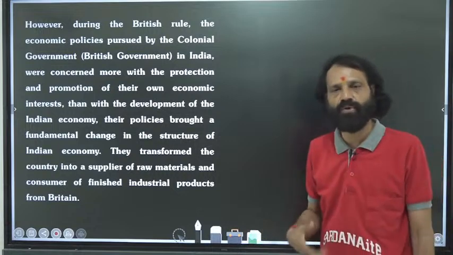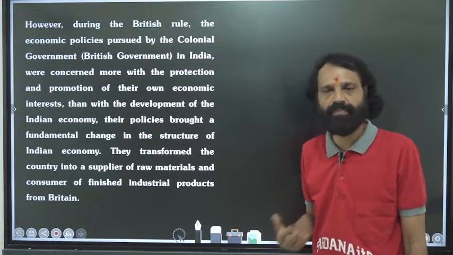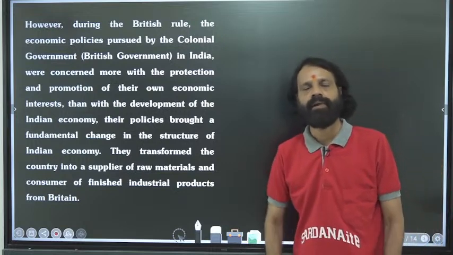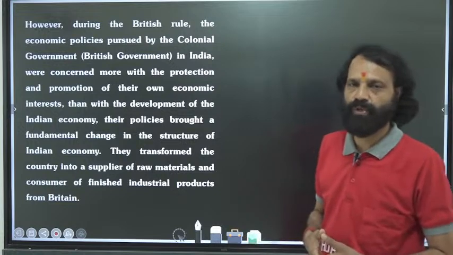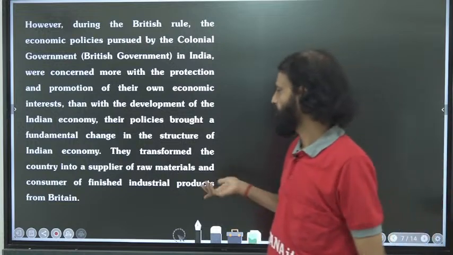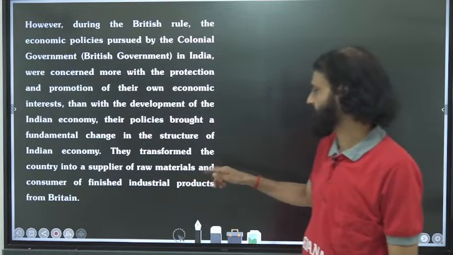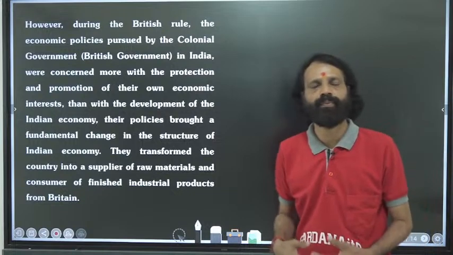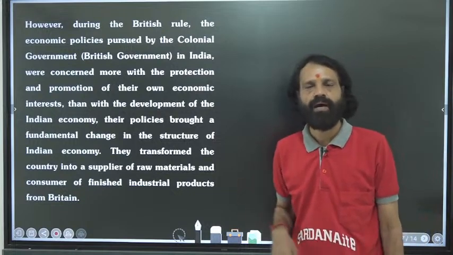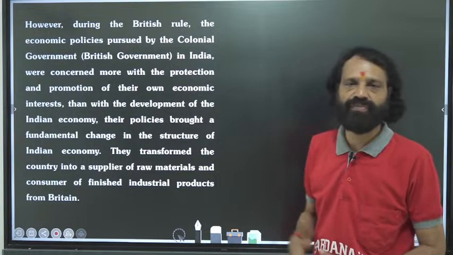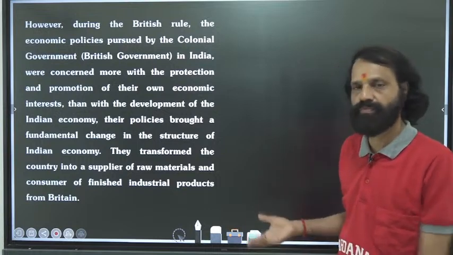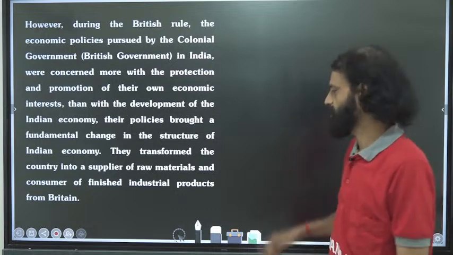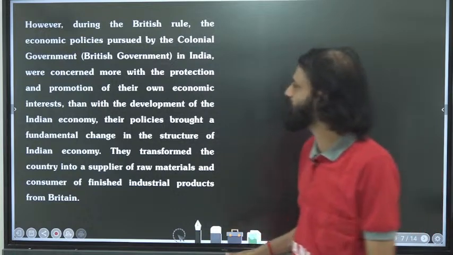They implemented new laws and strategies, destroying the Indian economy in order to take more raw materials and resources from our country to theirs. After that, they prepared finished products in their industries in Britain and brought them to India, and India became their market only. Those were the main points to remember.